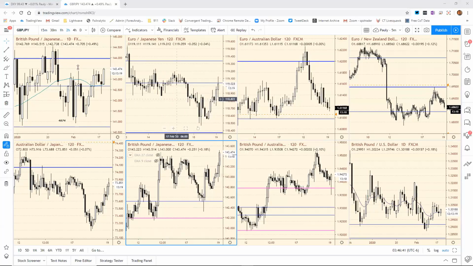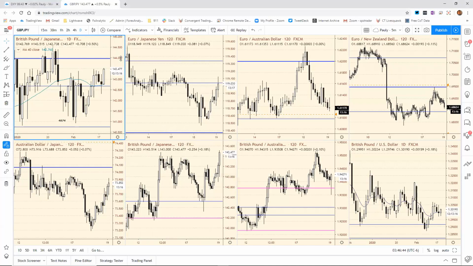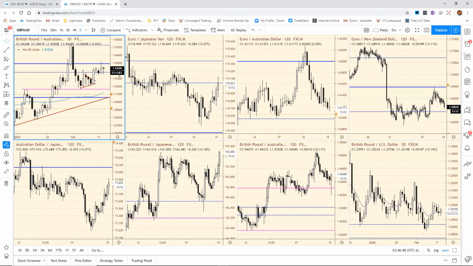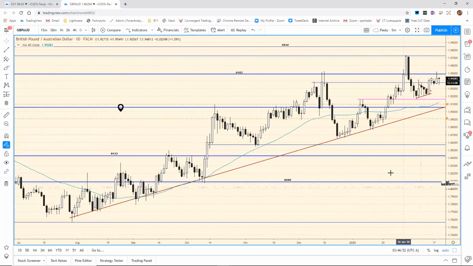And lastly, on the sterling aussie, certainly we're open to going and punching up higher. Tonight's going to be key, rolling into the Asian session, I should say.